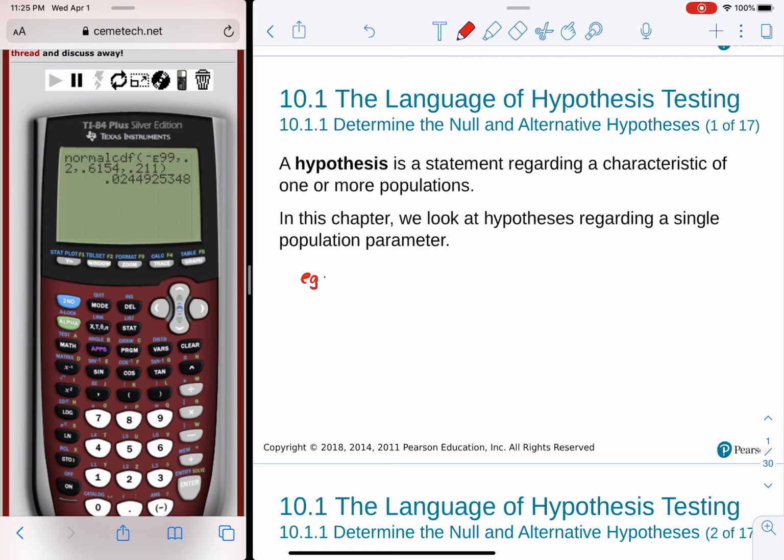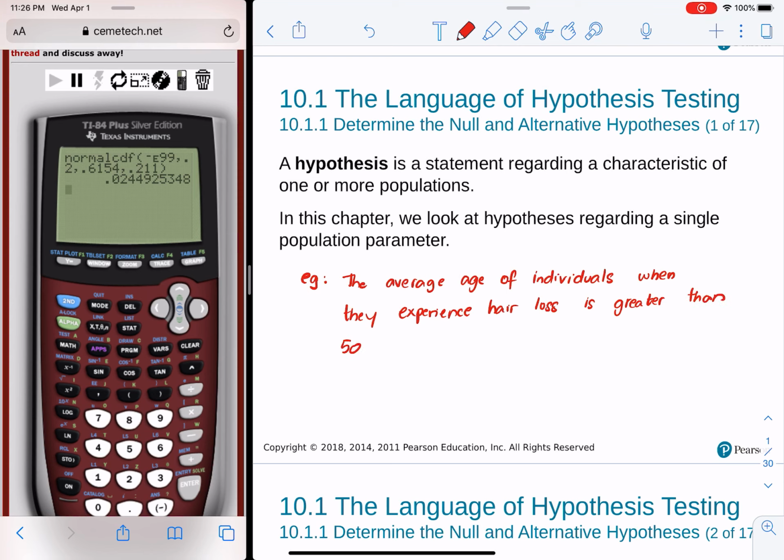So let's say we have a claim that the average age of individuals when they experience hair loss is greater than 50.